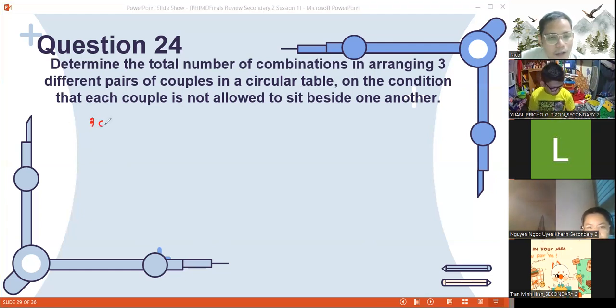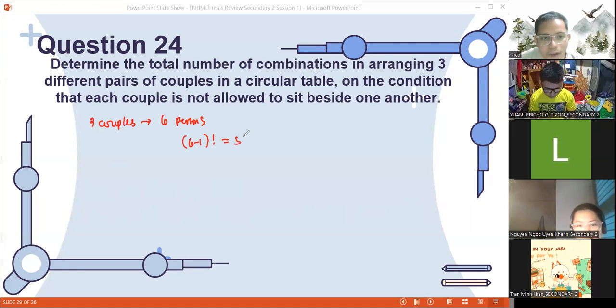So there are three couples. That's a total of 6 people, right? In a circular permutation, it's going to be 6 minus 1 factorial. So that is 5 factorial, which is equal to 120, right? So this is the total ways to arrange.